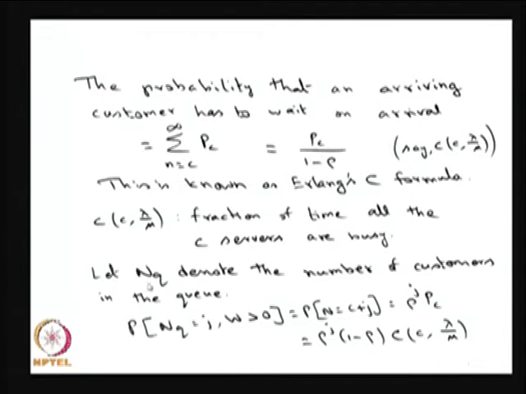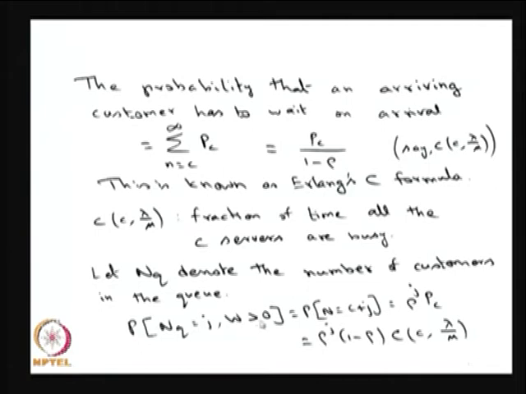The next quantity is NQ, which denotes the number of customers in the queue. So either I use the letter N suffix Q, or earlier I used the letter Q itself. For that I am finding the joint distribution: the probability that the number of customers in the queue is J and the waiting time is greater than 0. W is used for the waiting time.